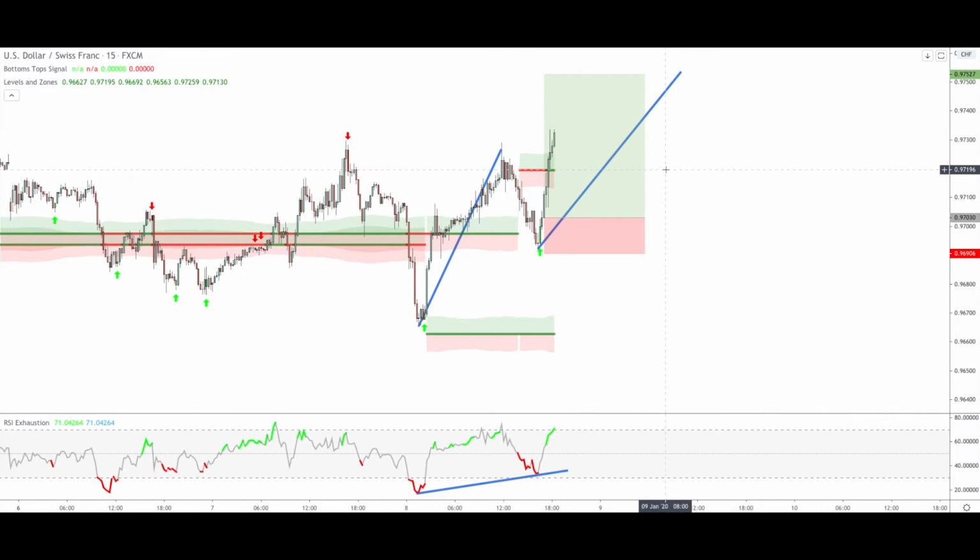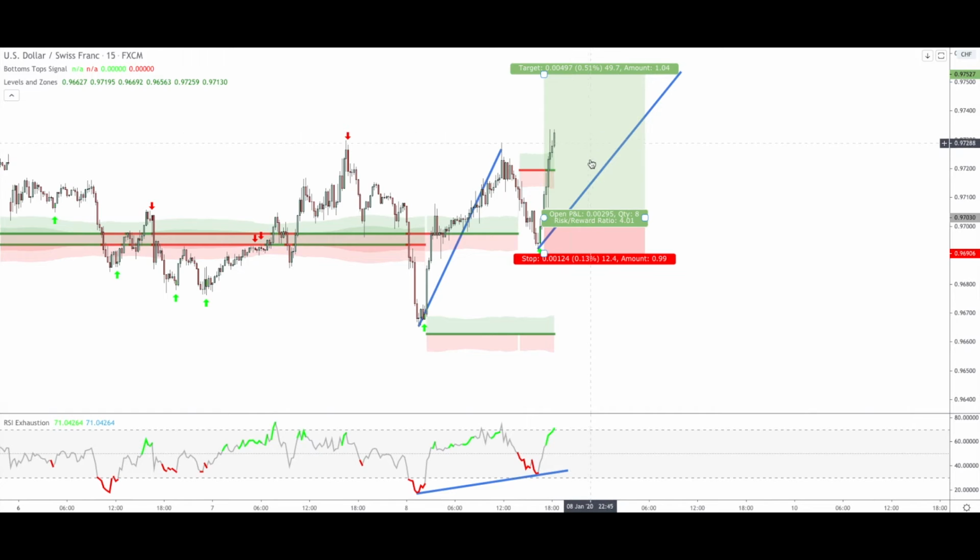So this support right now, since the price is now higher, is the one that is protecting us from probably taking a losing trade, because if the price now decides to come down, we should probably expect that it will stop at this level here, because this is a significant support.